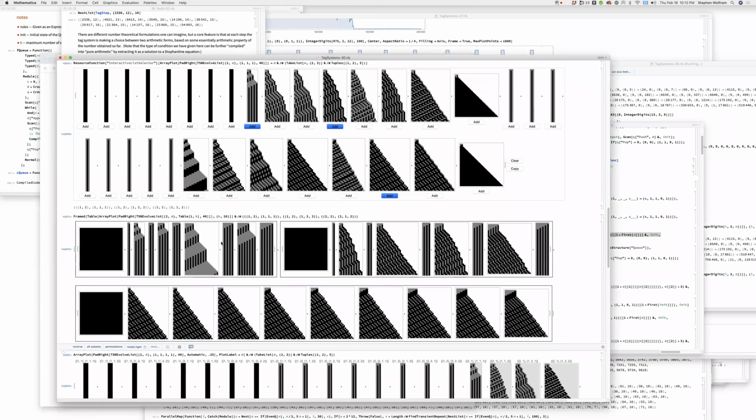Okay, so let's look at that one in a bit more detail. The question is, does it go to a fixed size after a certain number of steps? 1, 2, 1, 1, 1.